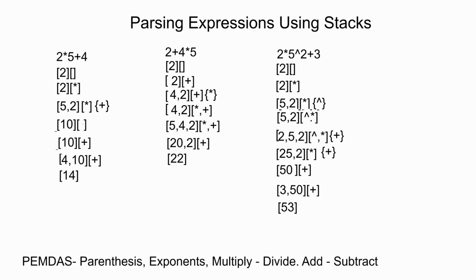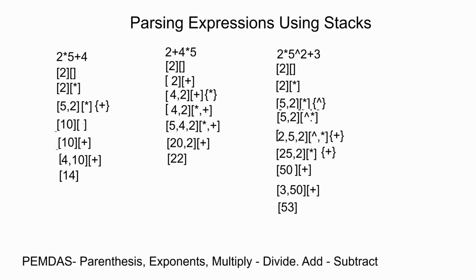And then it's going to parse the 2, put it back on the num stack, and then when you go to evaluate the operand plus, the top of the stack is the exponent, so the exponent gets evaluated. So the exponent's 25, so the exponent gets removed from the op stack and 25 gets pushed onto the num stack, and then it's going to go to evaluate the plus.